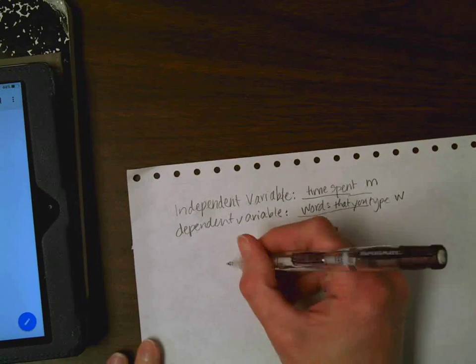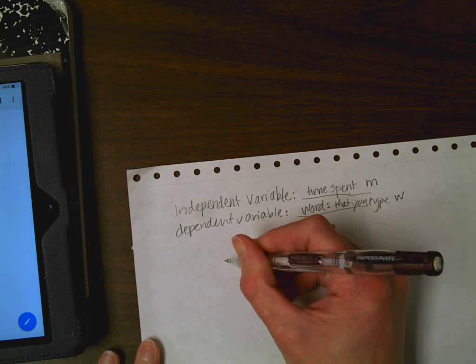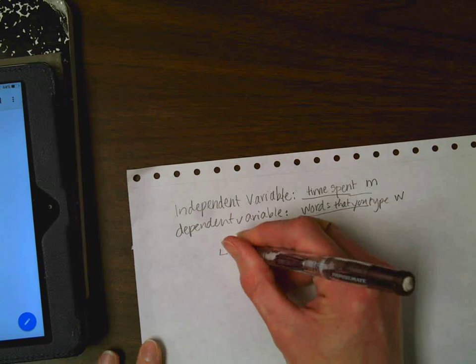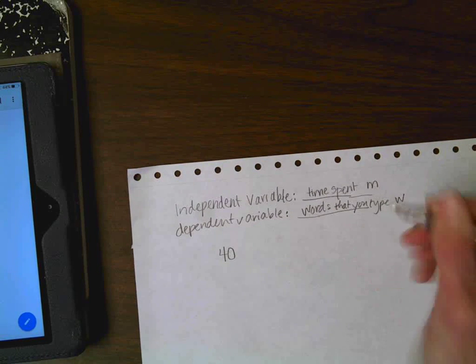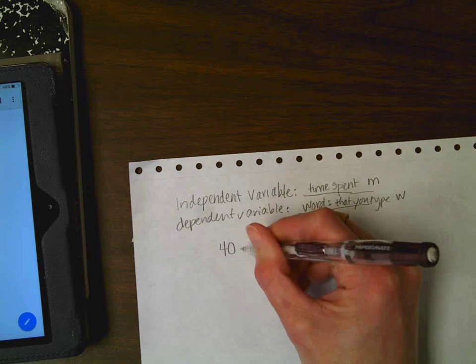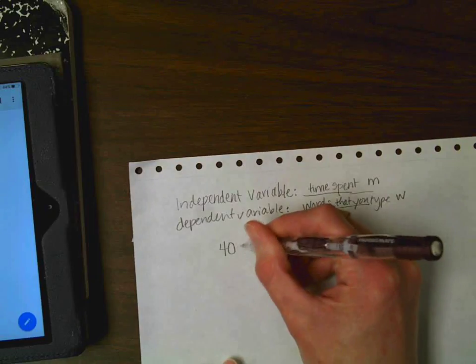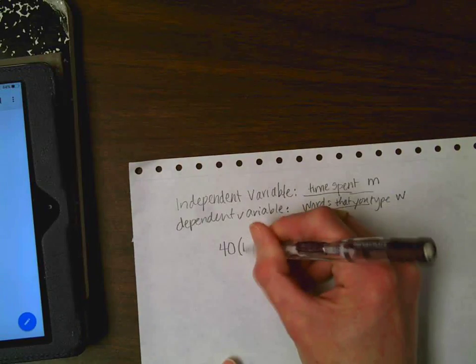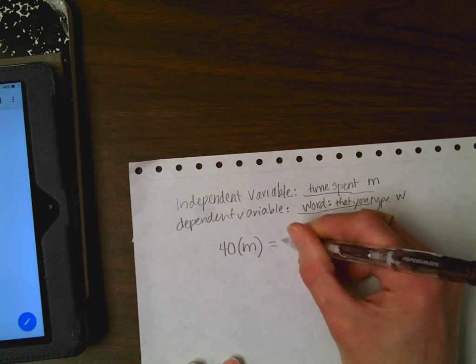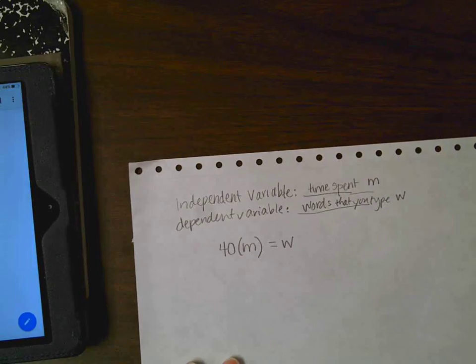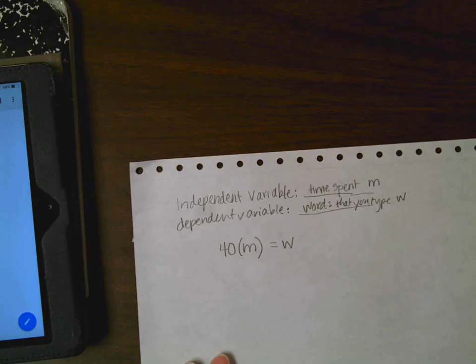So we can write an equation: he can do 40 words per minute, because he can do 40 words in 1 minute, so that means 40 times M equals the number of words typed. So there's our equation. We just figured out our equation, yes or no.